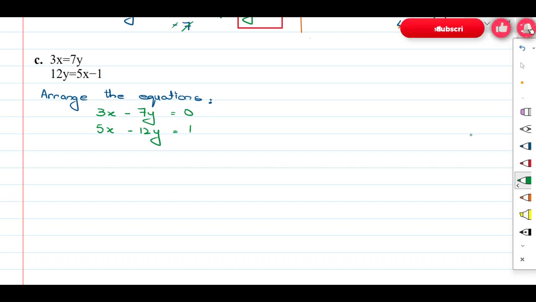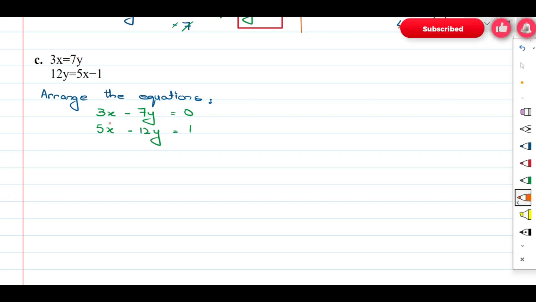Again, in the elimination method, what we have to do, we need to make the coefficient of any one variable the same in value but opposite in sign. So you can pick the variable x or the variable y, make their coefficients the same: 3, 5, minus 7, minus 12. This is up to you, right?